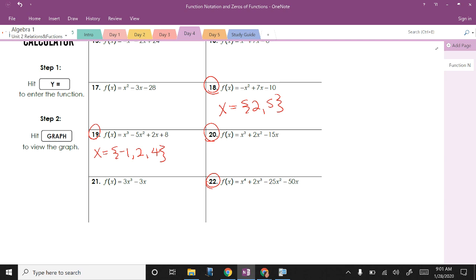Y equals. X raised to the third. When you're doing those extra exponents besides the square, make sure you get out of the clouds before you keep typing.